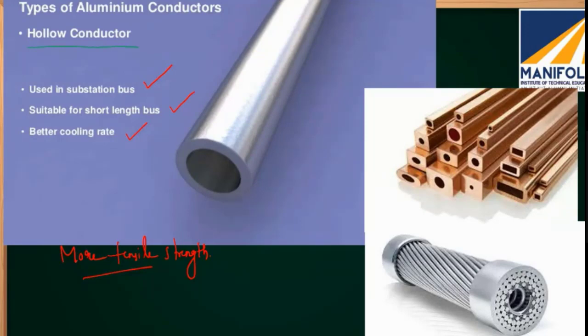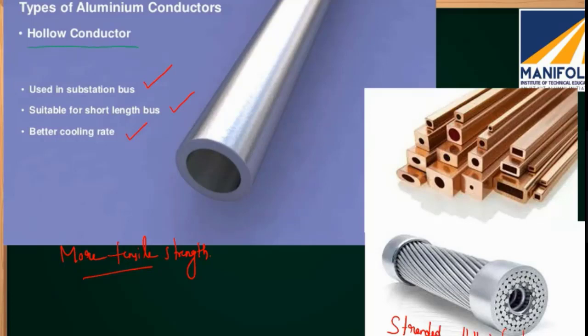And since they are solid structures, we cannot have more spans. Only for short lengths can we use the hollow conductors. They can be cylindrical hollow conductors or rectangular hollow conductors or even stranded hollow conductors. This is a stranded hollow conductor.